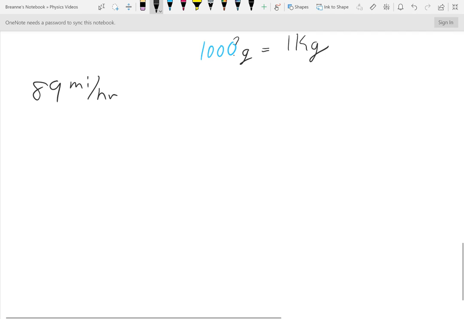So you can write it like that, or you can write it miles per hour. And we want to convert it into kilometers per second. We want to go to meters per second. Meters per second. We want to go to meters per second. So, nope, I want to erase that, right?